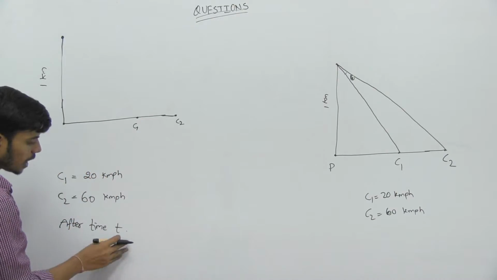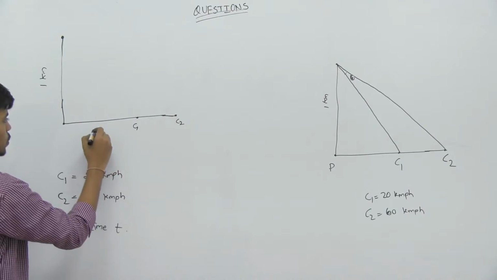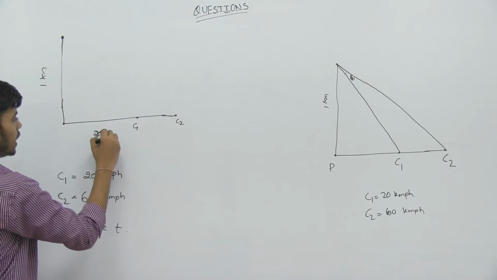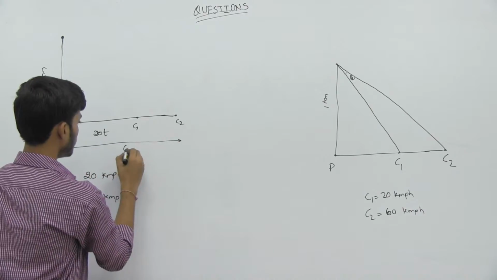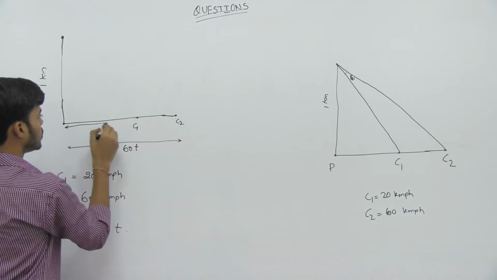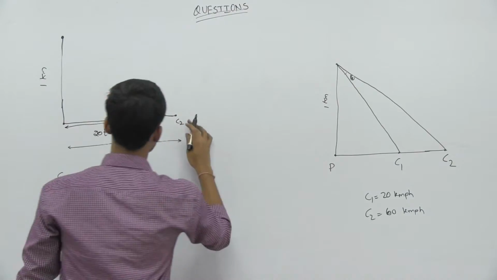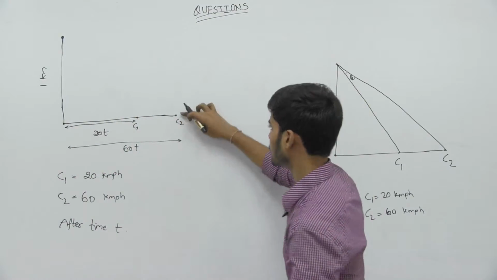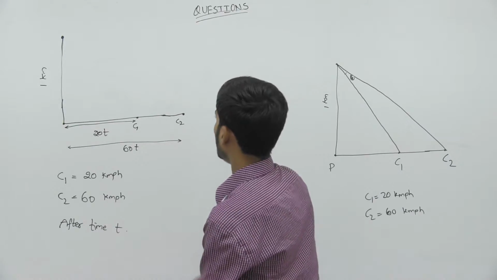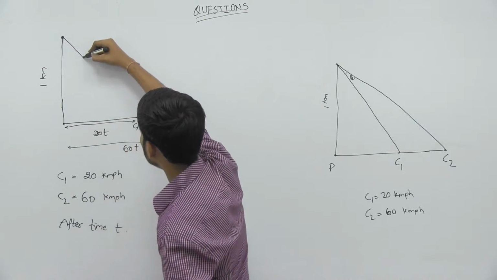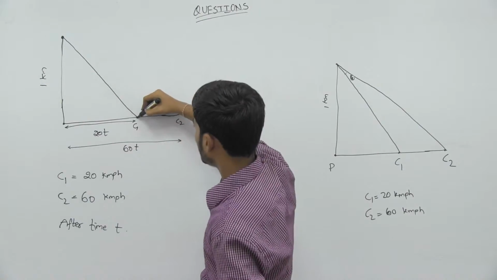So as we assumed, after time t, this distance should be 20t and the entire distance should be 60t. This is 20t, this is 60t. This diagram looks a bit wrong, this should be longer, but assume it to be like this. And he observes the two cars at an instant.